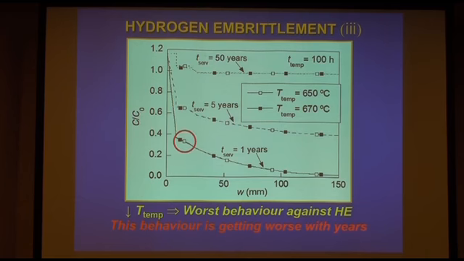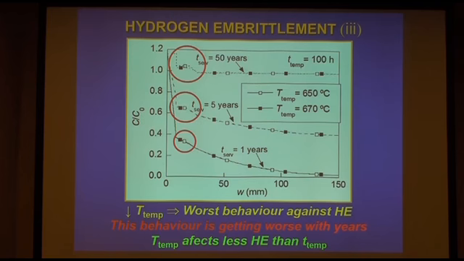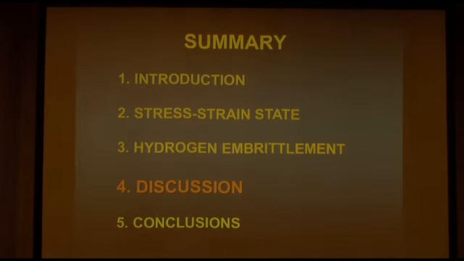Again, almost no effect for 1 year of service time, a negligible effect for 5 years, and a more or less appreciable effect after that. This is better, the black color than the white color: lower concentration for higher tempering temperature. Tempering temperature affects hydrogen embrittlement less than tempering time, as we saw in the previous slide.